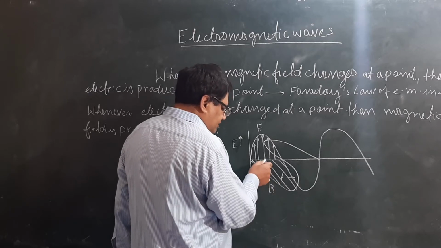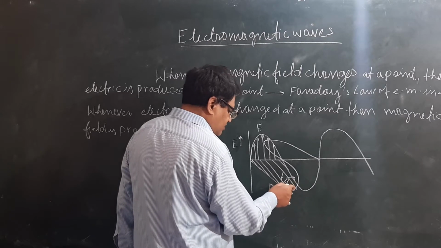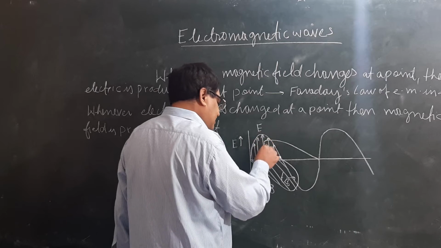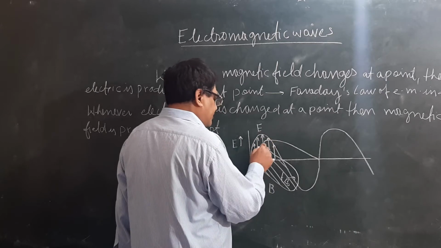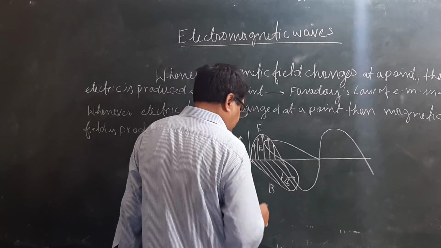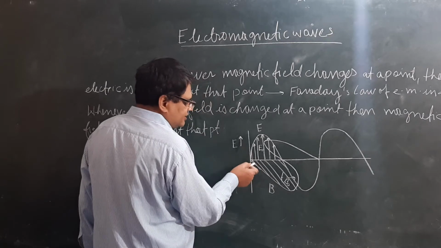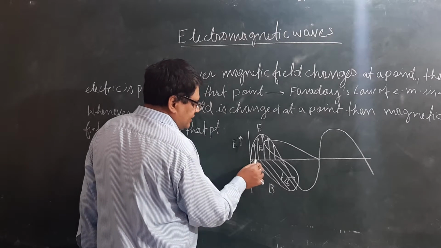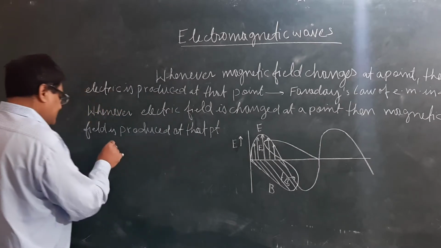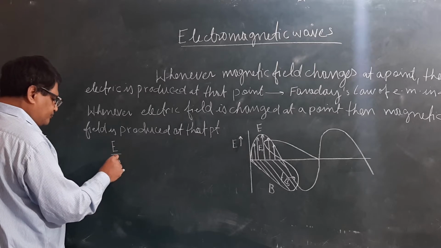So this is the maximum value of B, that is the magnetic field, B0, and this is the maximum value of the electric component, that is E0. So at any location, if you take the electric component and the magnetic component, then E by B always remains the same.